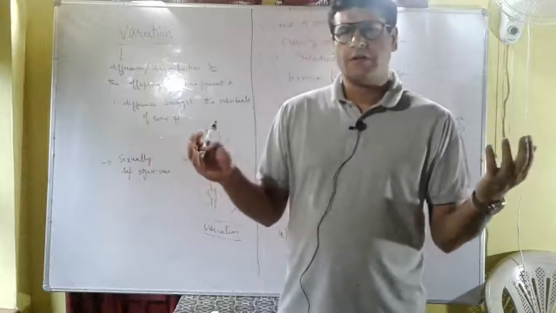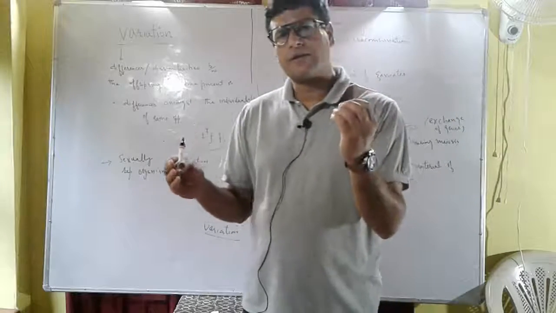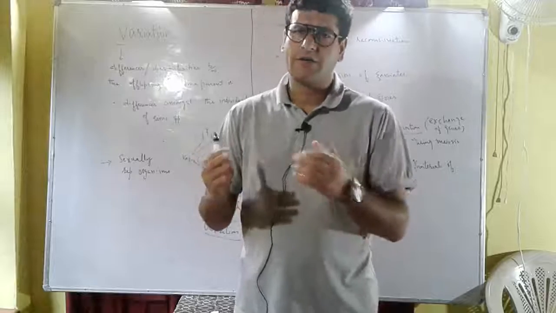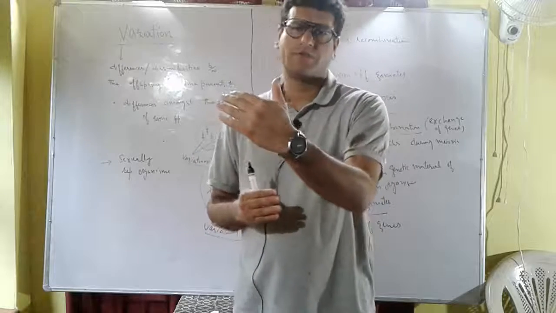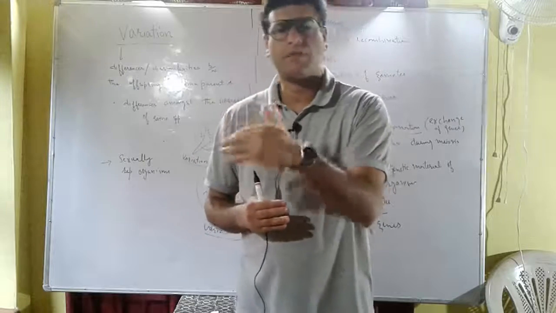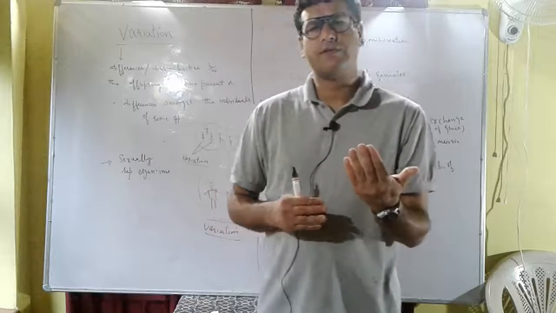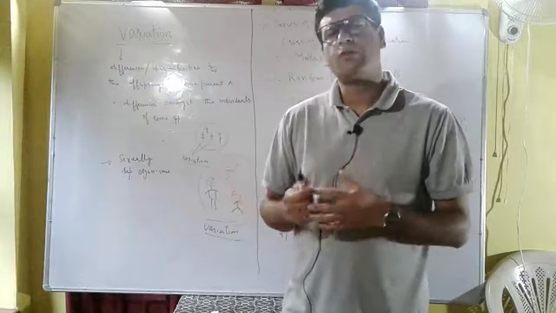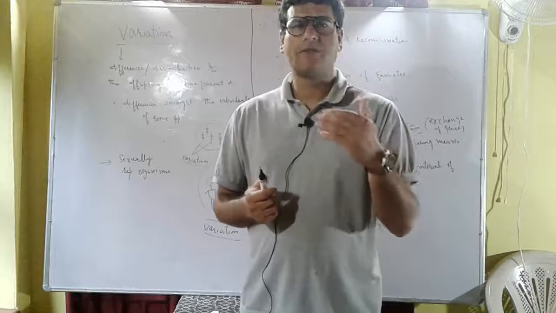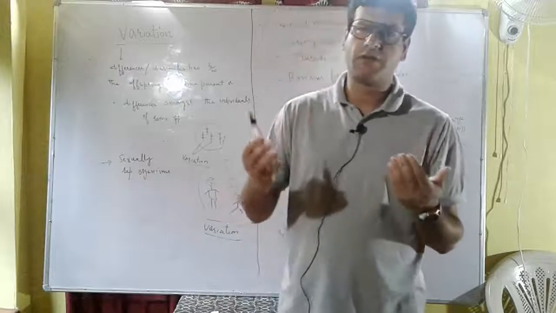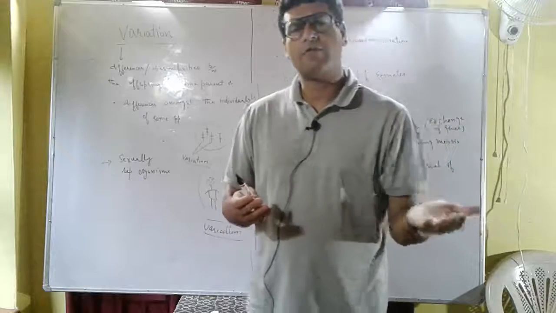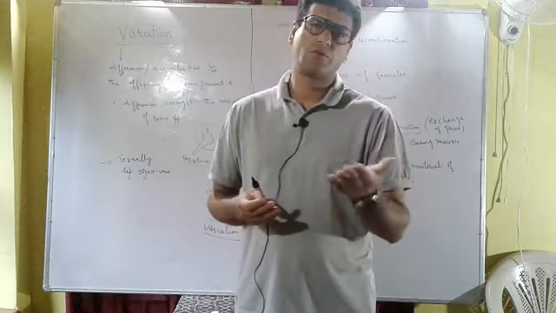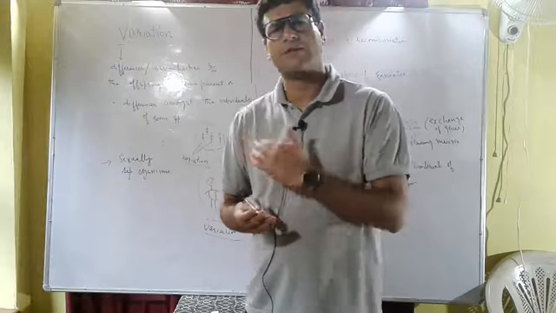The genes of one character do not have any connection with the genes of the other character. If we have two characteristics, one character will pass on from parents to offsprings independently of the other character.